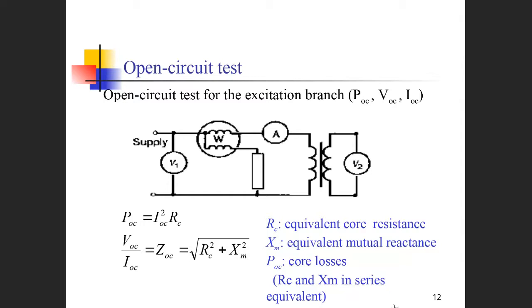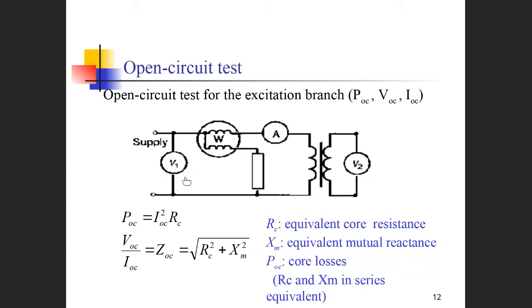So open circuit tests are usually carried out on one side of the transformer, usually the low voltage side, with the high voltage side opened and monitored with an ammeter and voltmeters. On the low voltage side, we use a low voltage source with the rating voltage applied to the low voltage side, and we monitor the input voltage and currents.